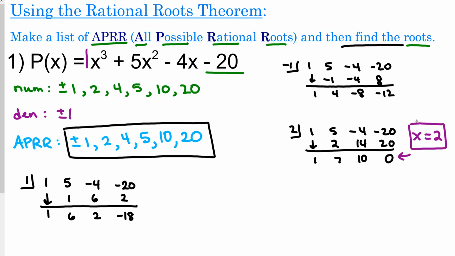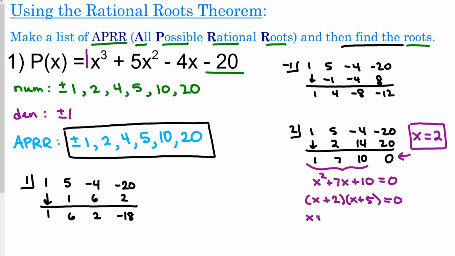And there's actually more information that we get out of this problem because remember what's left here is represented by 1x squared plus 7x plus 10. If we set that equal to 0 to find the remaining two roots, turns out that that factors into x plus 2 times x plus 5.